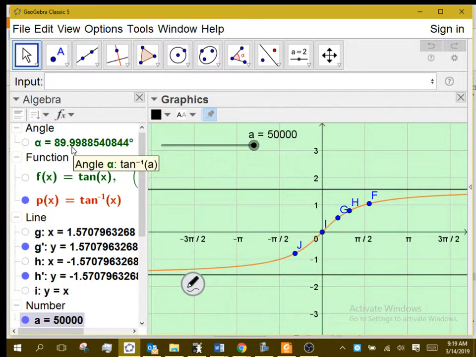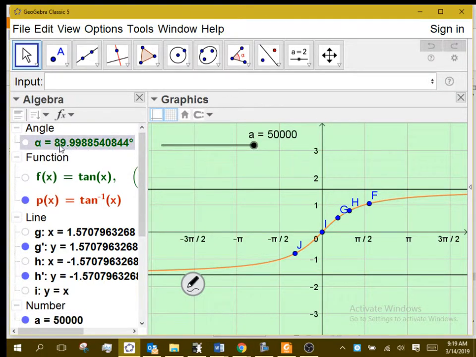Now at 50,000, I'm at 89.998. What is this going to slowly get to? What's that number going to slowly get to? Almost 90, right? Why is that happening? Isn't that thing an asymptote? Isn't 90 pi over 2? Okay. So no matter what I plug in, I'm going to get a value very, very close to 90. Okay.